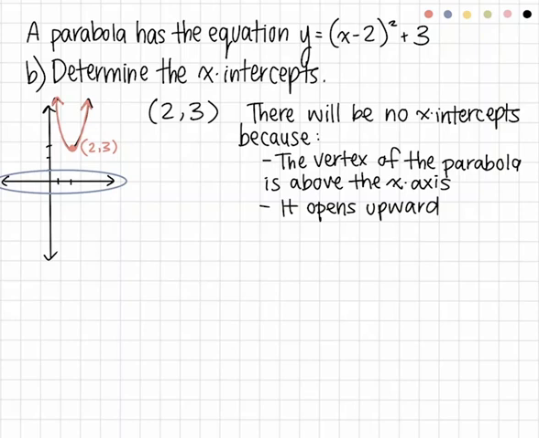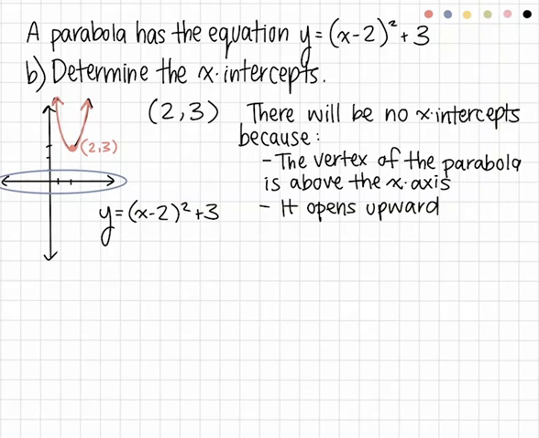Now, you can verify this by using the quadratic formula to prove it. So that's exactly what we're going to do here. So I have y equals (x minus 2) squared plus 3. I know that if I want to go from vertex form to standard form, I'm going to expand and simplify.